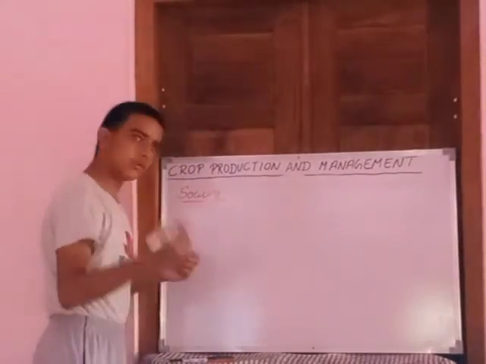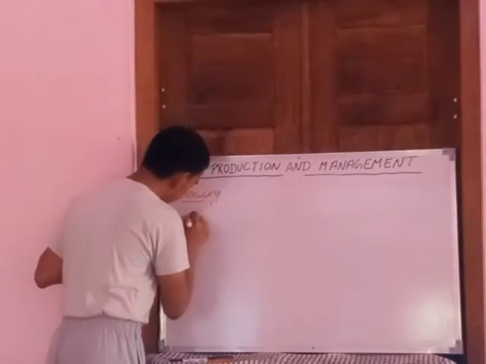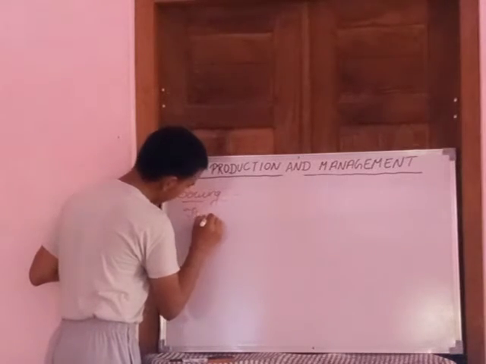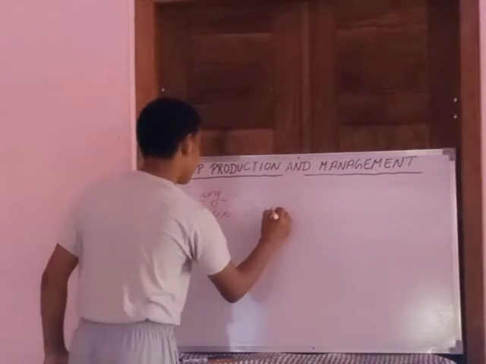There are two methods used for sowing. First is the traditional method.